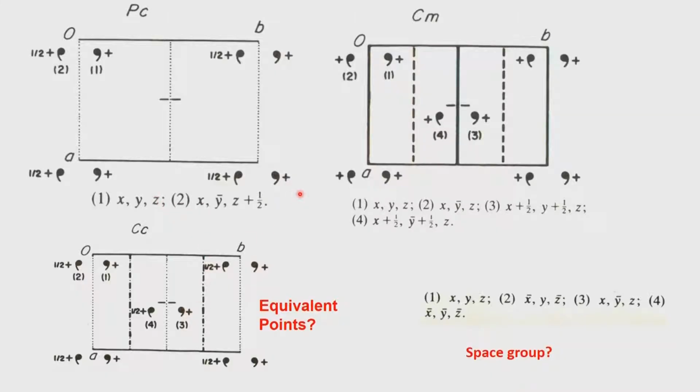So the presence of the mirror can always invert an asymmetric carbon as well. So what we have to look for is the fact that there is no x bar, y bar, z bar coordinate in these 3 space groups, and therefore these 3 space groups belong to the non-center symmetric space groups.